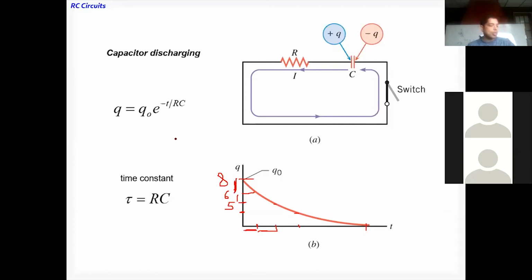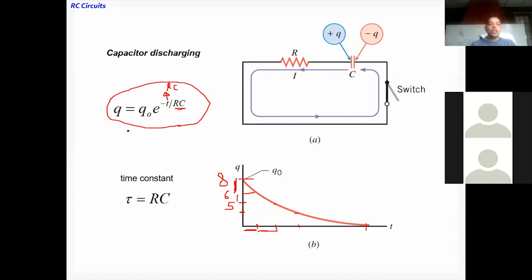Then how do you represent that discharging in the mathematical way, in the mathematical formula? This is how you represent it in mathematics. Again, it's the same circuit, RC. If your T is tau, meaning RC, when T is equal to RC, then what do you get?